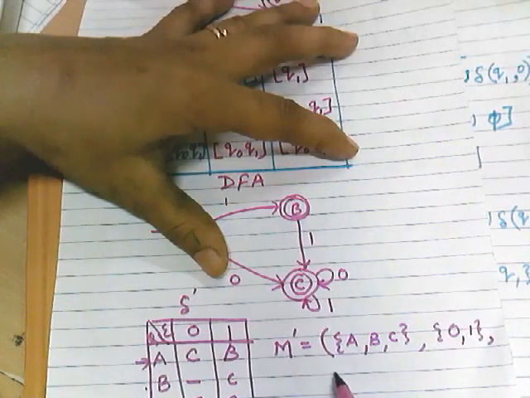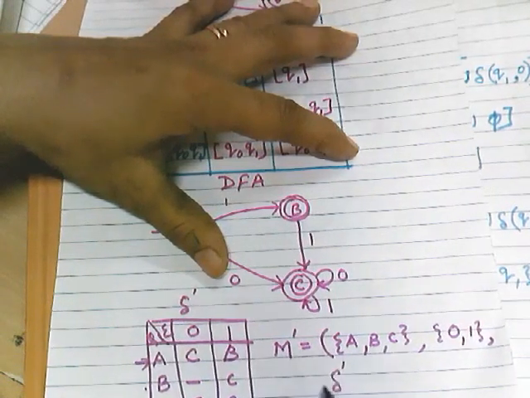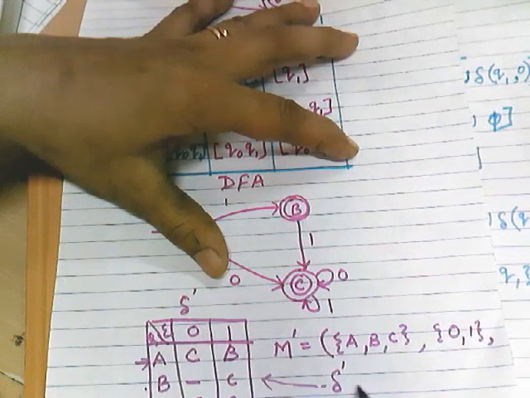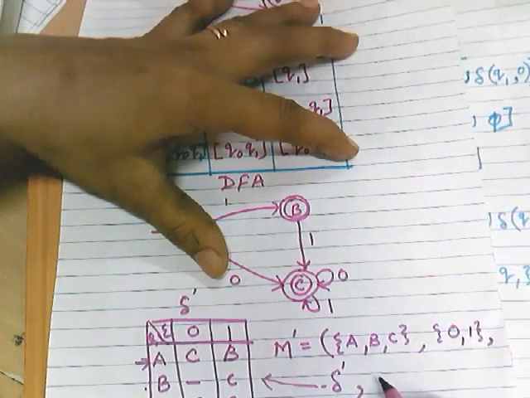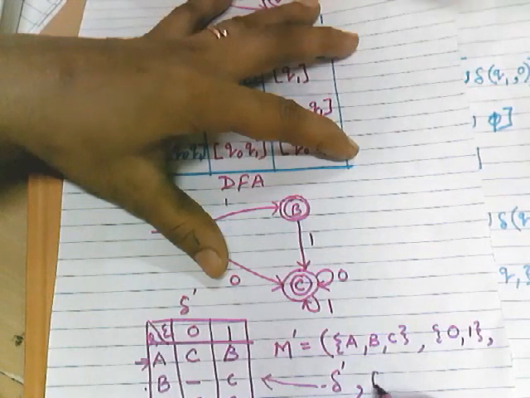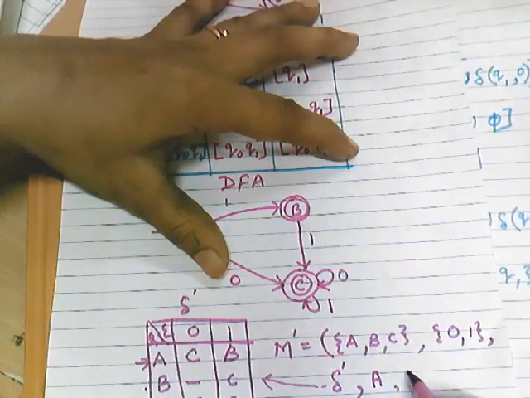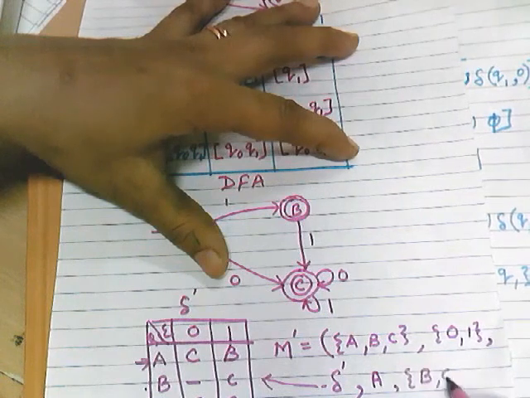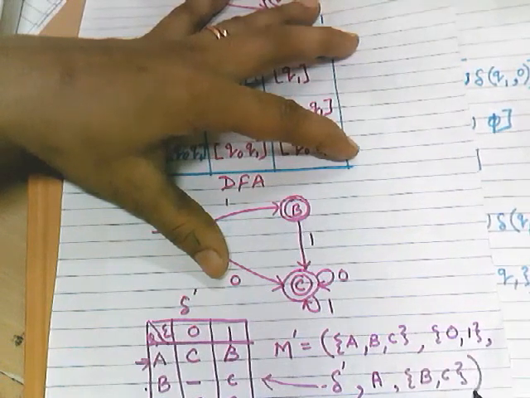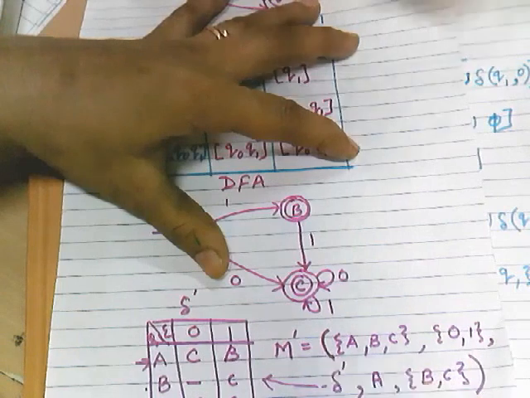Delta function is already shown here. This is the delta dash function, comma. What is my initial state? It is again A. And what is my final state? My final states are B, comma, C.